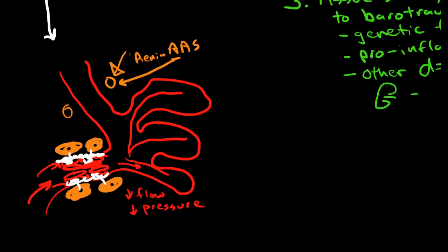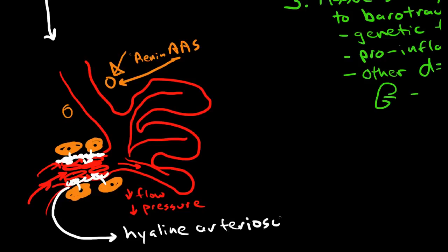Now, so actually let me go back. This type of lesion is called hyaline arteriosclerosis. So we have sclerotic lesions in the afferent arteriole that have a hyaline appearance.